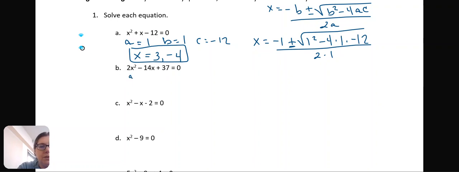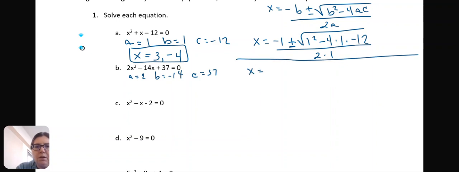Okay, so A is 2, B is negative 14, C is 37, so opposite of B in this case would be a positive 14.